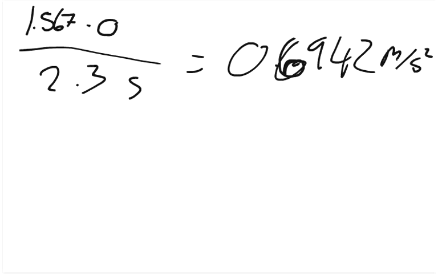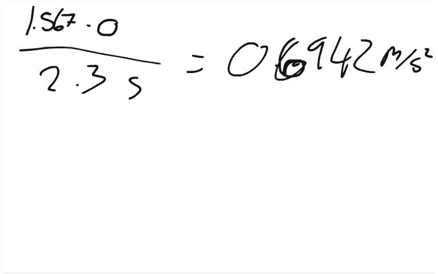And now in part C it says find the position of P in degrees with respect to the positive x-axis at 2.3 seconds. We can start with the equation we were working with in the first place.